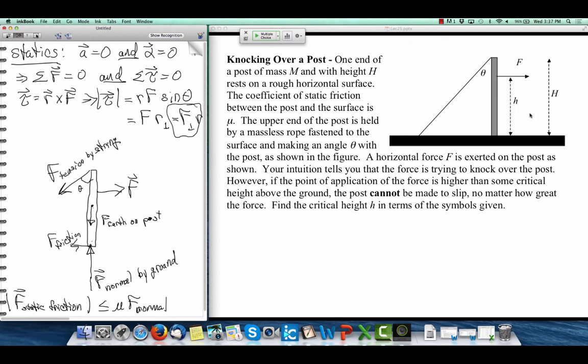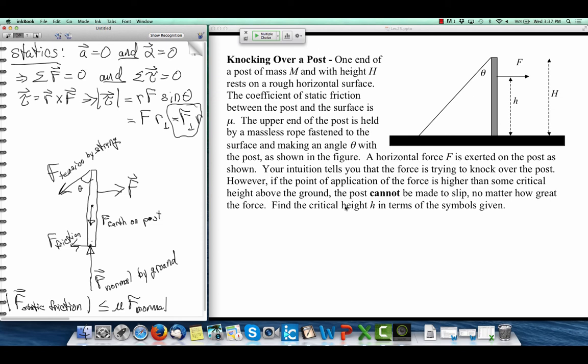Horizontal force is exerted on the post. That's shown. Your intuition tells you this force is trying to, well, it works against F, and if it's low enough, you can see that it's going to pull the thing over. The statement here is if the point of application of this force F is high enough, higher than some critical height, then you cannot pull it over no matter how hard you pull, how hard F is.